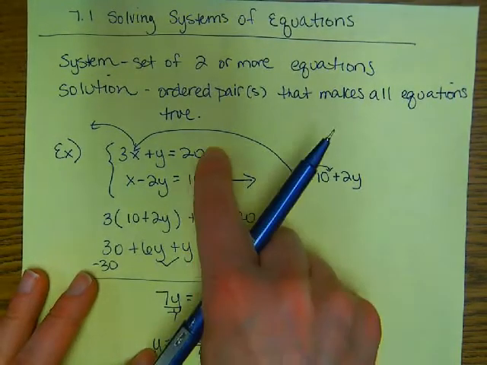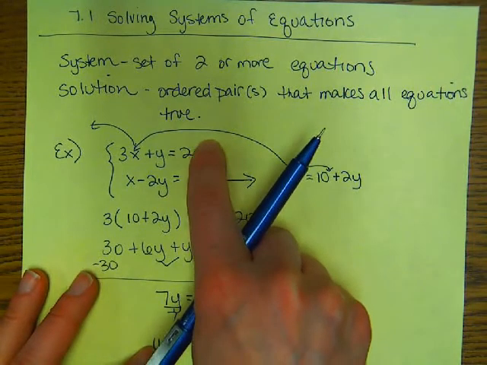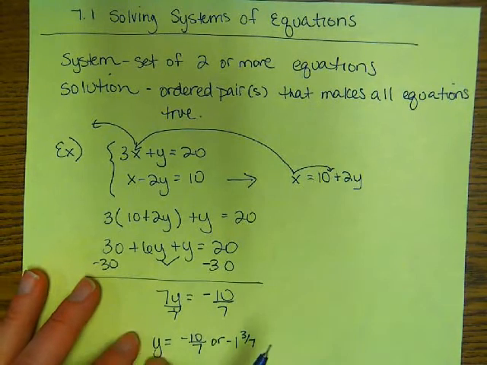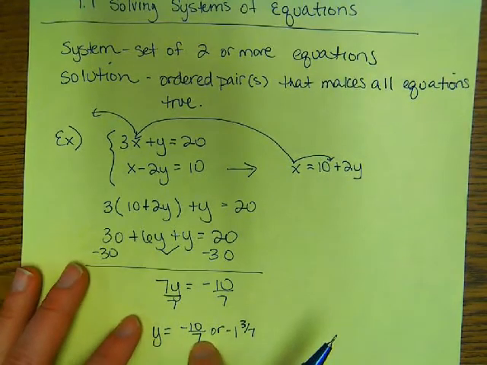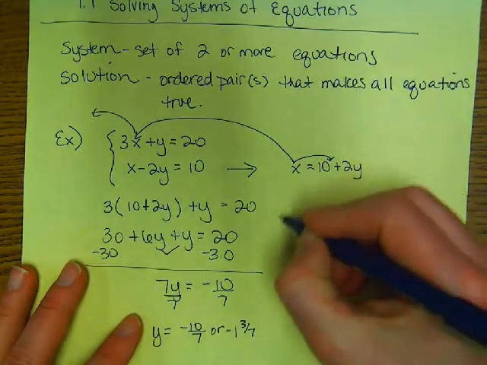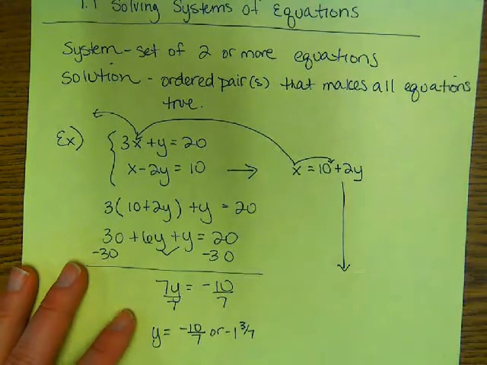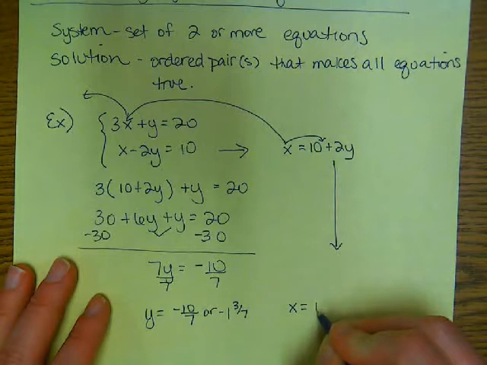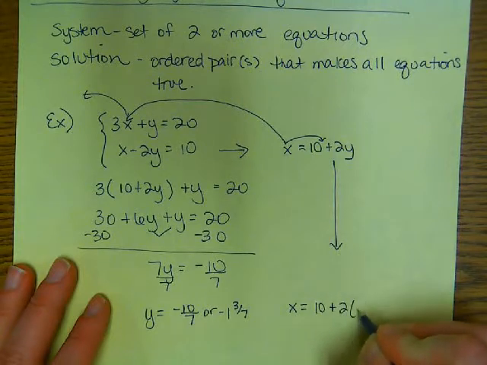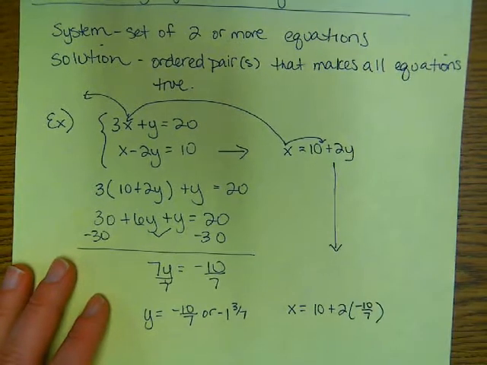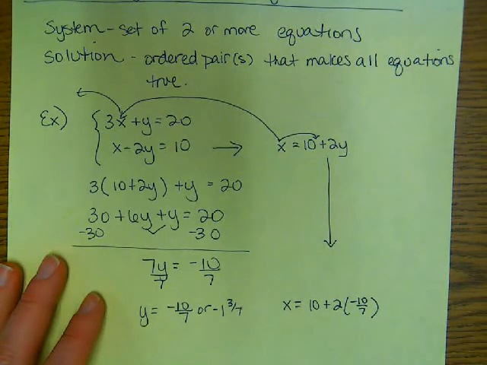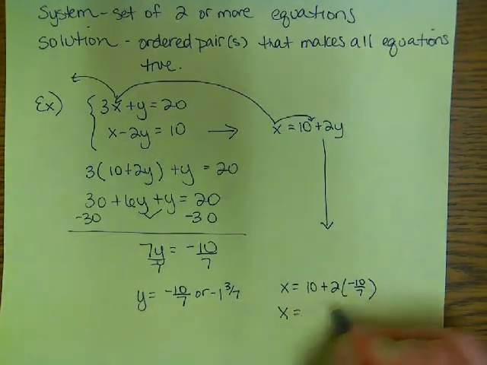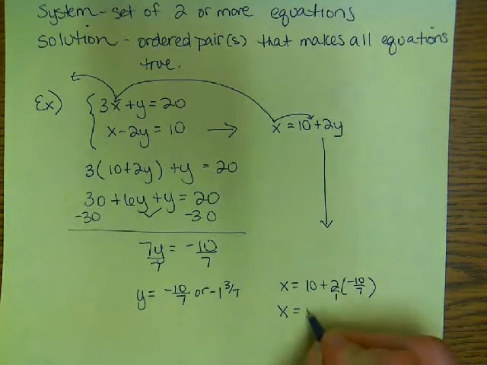Going back to any of the three equations, the top one, the second one, or the second one rewritten, we need the ordered pair. So if we know y, we need to now find x. I'm going to use this equation since it's already solved for x, and now I'm going to plug in what y is. So x equals 10 plus 2 times negative 10 sevenths, because that's my y value. And then I'm going to solve. This is like 2 over 1, right? 10 minus 20 over 7.